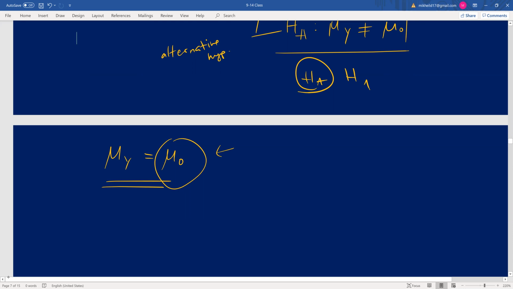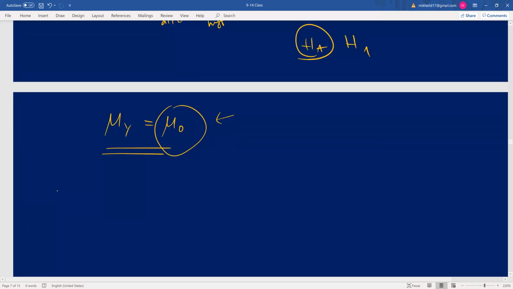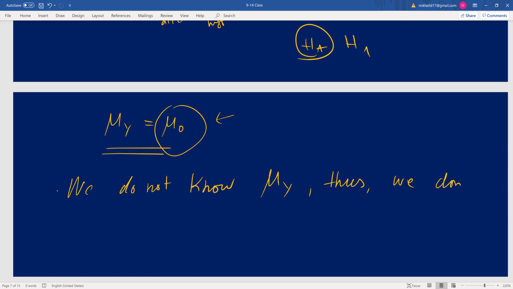But we still want to see if mu of y is mu 0 with some confidence. Okay, and then what do we do? We do not know mu of y, thus we don't know whether mu of y equals mu 0.